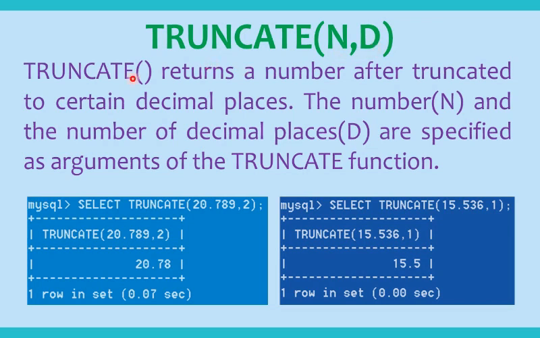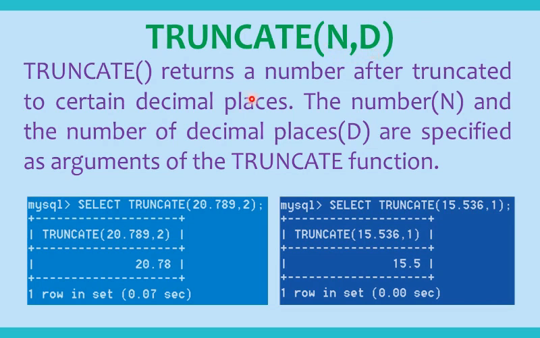Let's read. Truncate returns a number after truncating to certain decimal places. The number n and the number of decimal places d are specified as arguments of the truncate function. Means two parameters are passed. The first parameter, that is n, is truncated up to d decimal places.